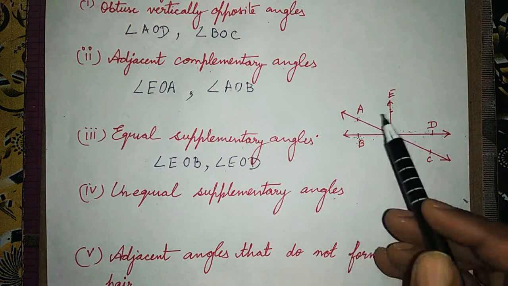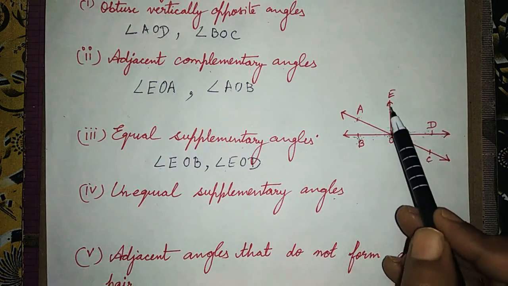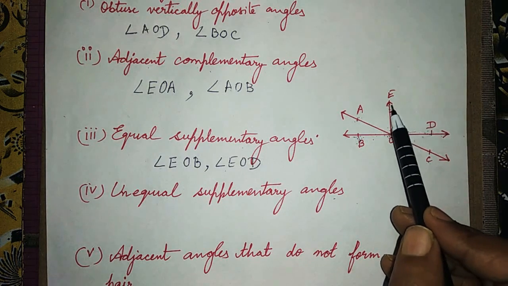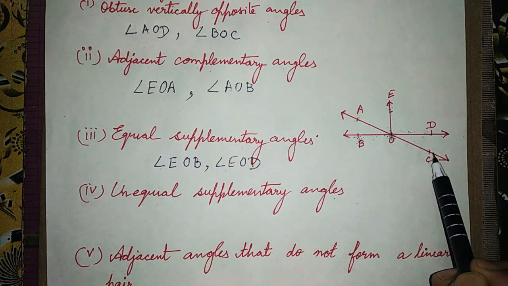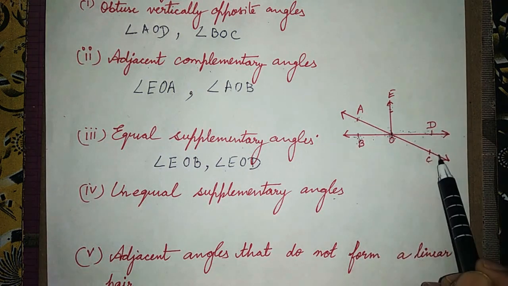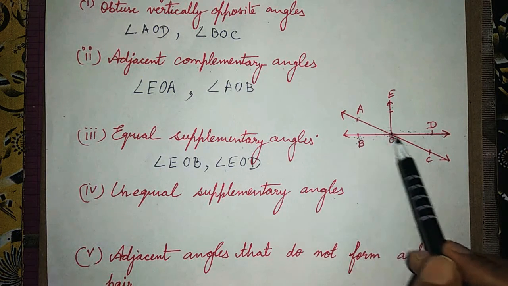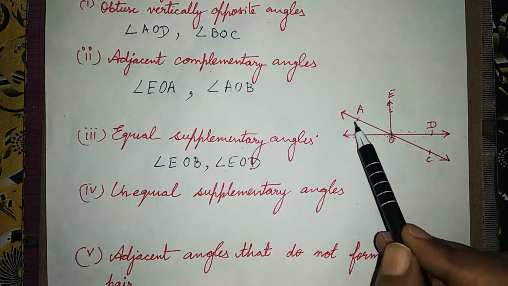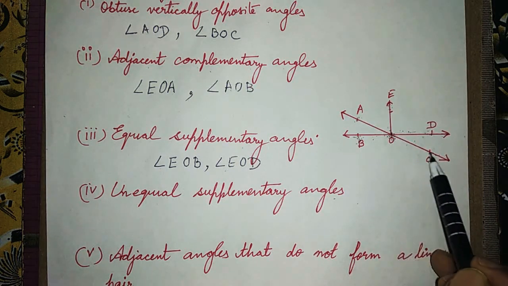For this you see angle AOE and angle EOC. These two angles are also forming on the straight line AC. So their sum is equal to 180 degrees.